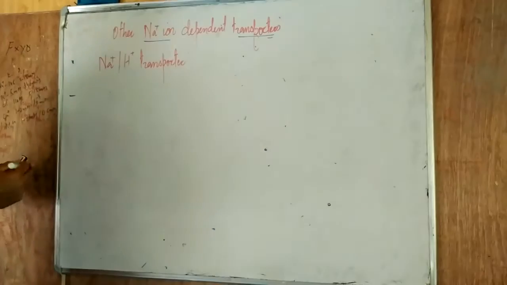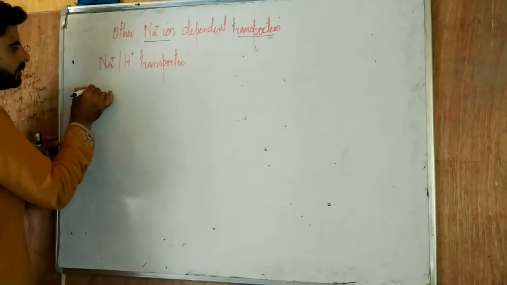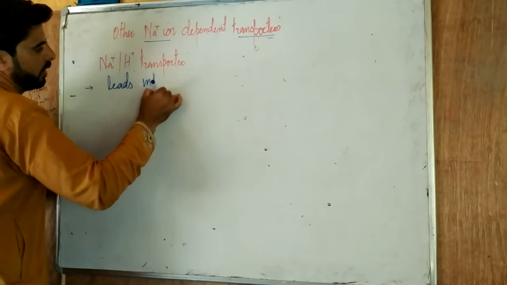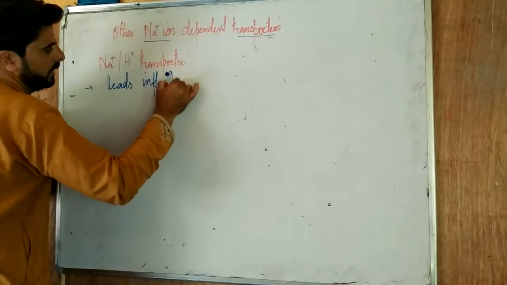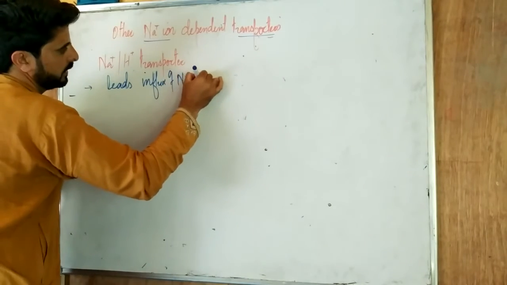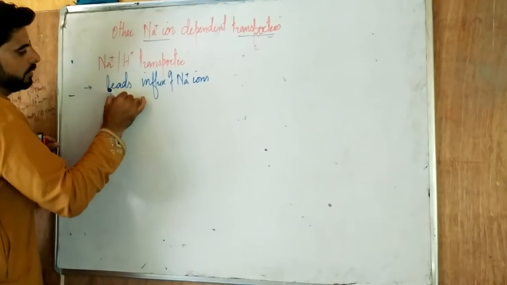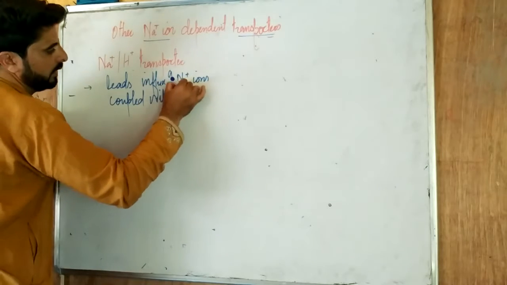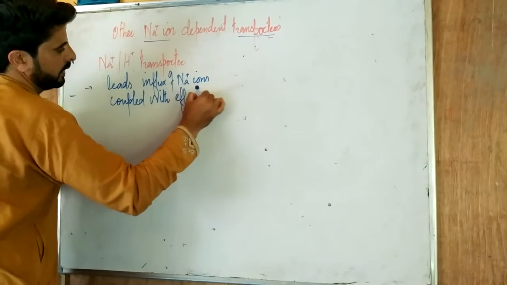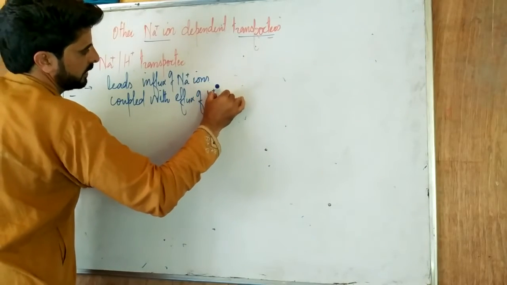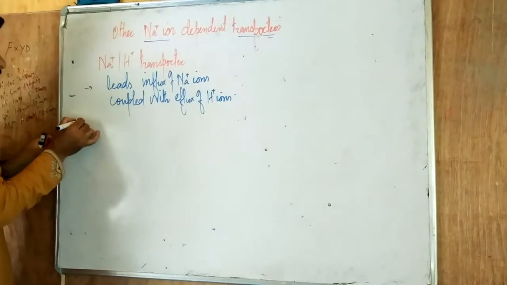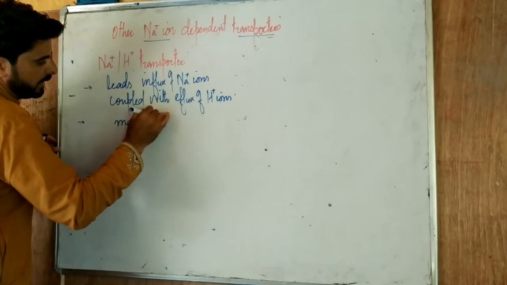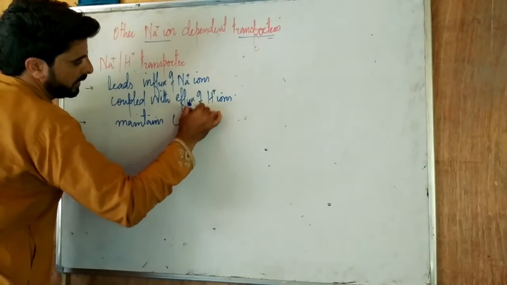Now this transporter leads to influx of sodium ions coupled with efflux of hydrogen ions. Now what is its main function? It maintains cellular pH.